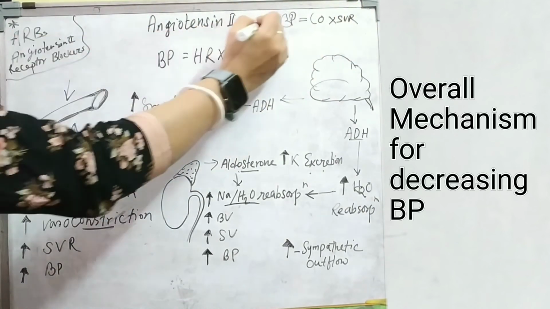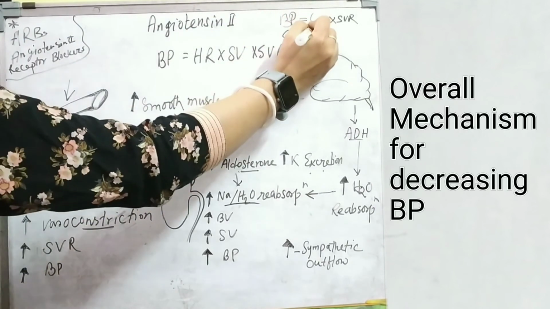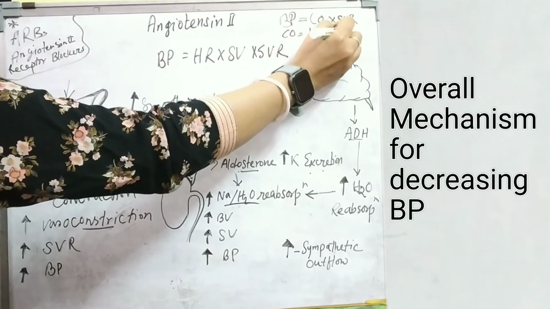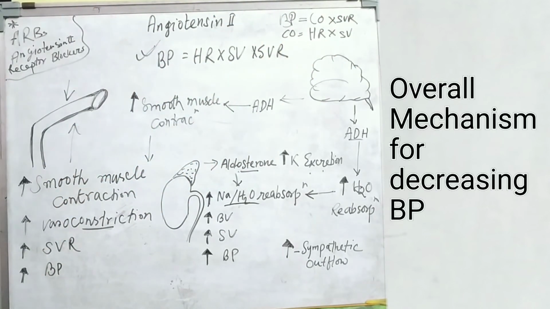And cardiac output means heart rate times stroke volume. So we get BP equals heart rate times stroke volume times systemic vascular resistance. One by one we can see how the mechanism takes place.